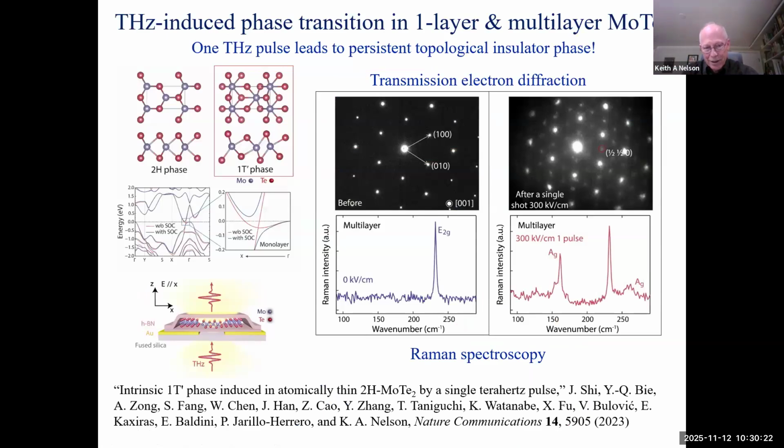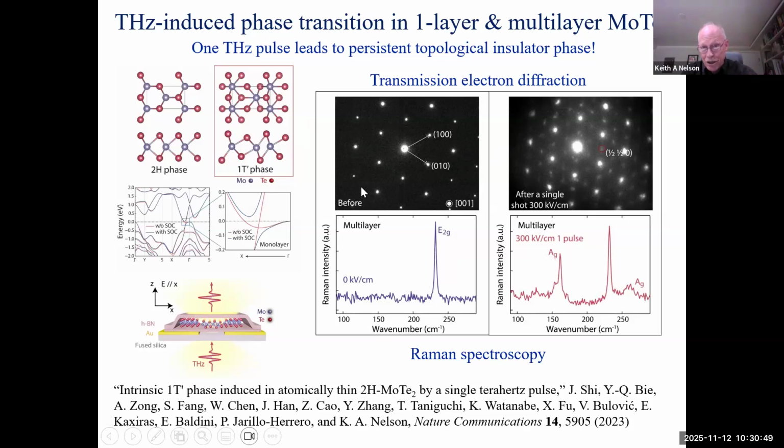Here's one other example that I'll share. In this case, what's happened is the terahertz field has rearranged the charge distribution on this atomically thin molybdenum ditelluride layer, and that has led to structural change that's permanent. So only one terahertz pulse ever irradiated the sample.